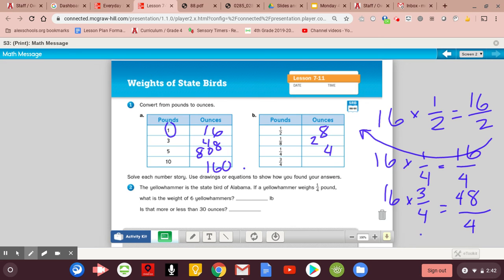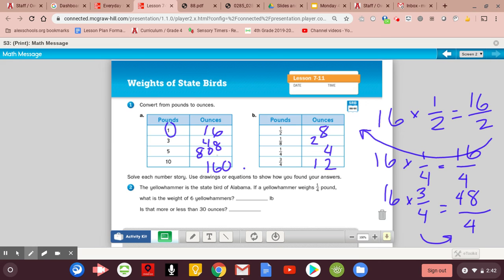And then I need to move that denominator over, and then I take 48 divided by 4 to get 12 ounces in 3/4 a pound. So I know that was really quick, but you guys have done these conversions before, so that is how I did pounds to ounces.